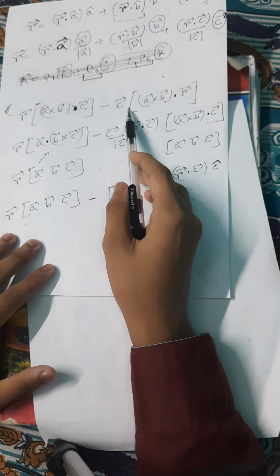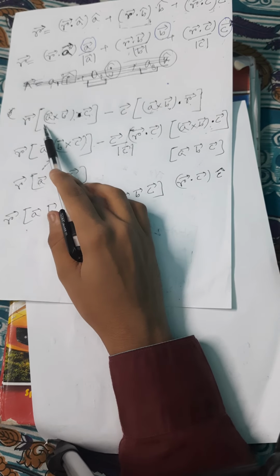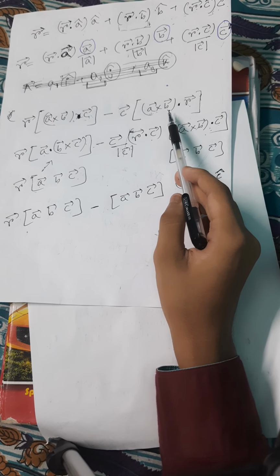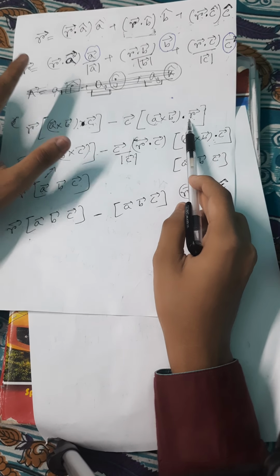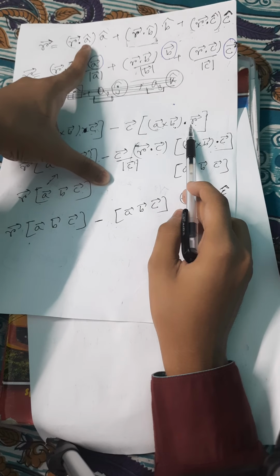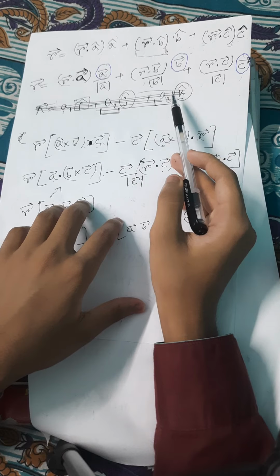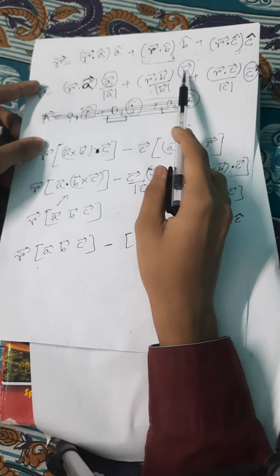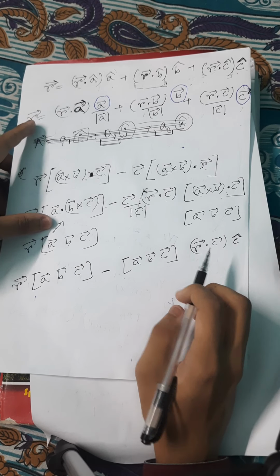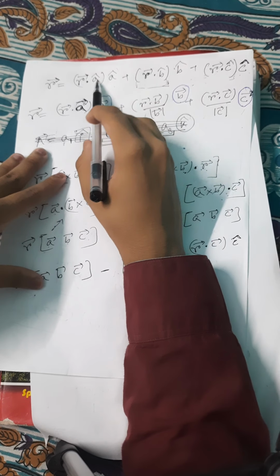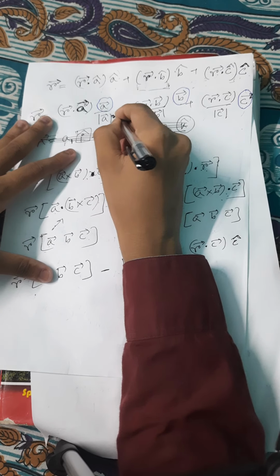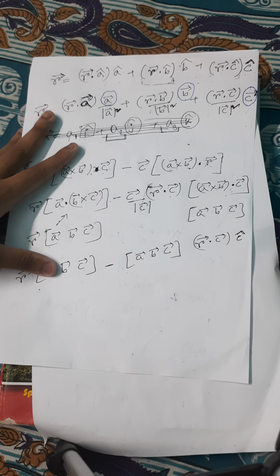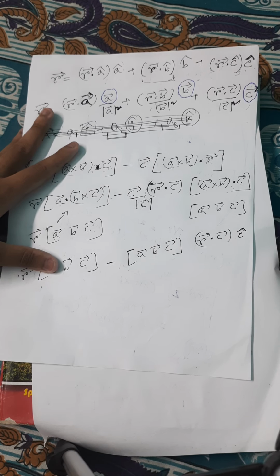Actually, what we are missing is R, A cross B dot C, A cross B dot R. So C vector and A cross B part dot with R. Dot with R means that A cap was there, and this will be mod A by mod A. So mod A square, mod B square, and mod C square.